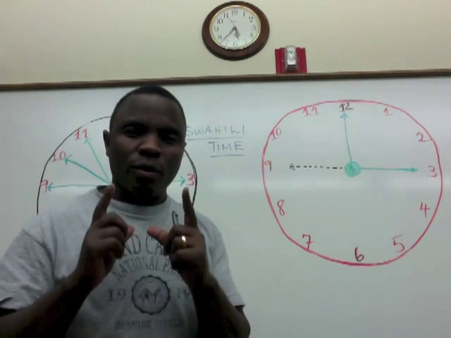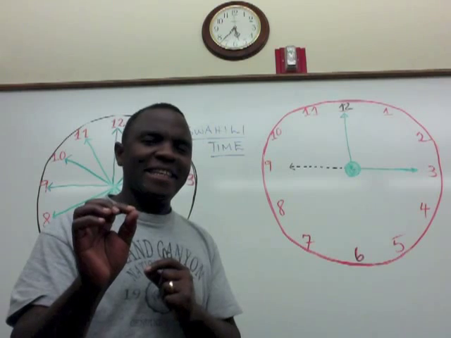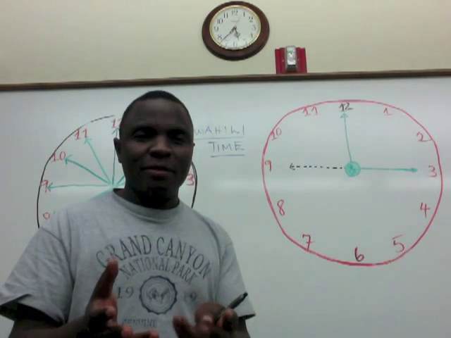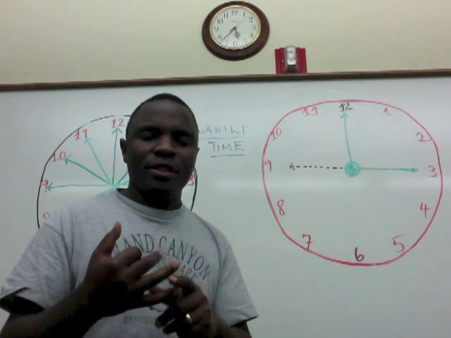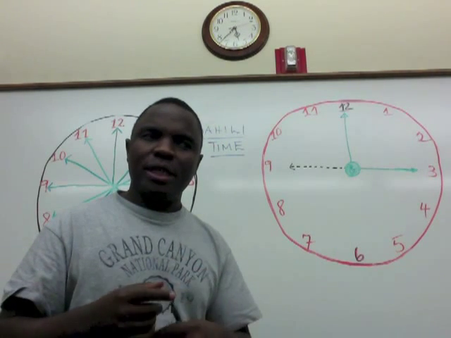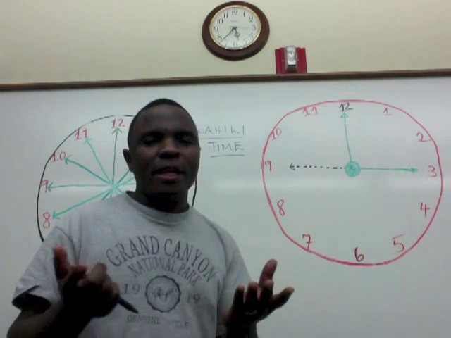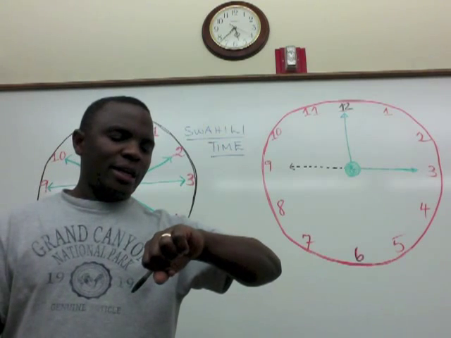And also, one thing you should not forget. Don't forget this. You need to remember words. Of course, there will be a complete lesson about this, but you need to remember about saa, which is clock or time. So when you say saa tatu, which will be in English 9, saa tatu. Sasa ni saa tatu.